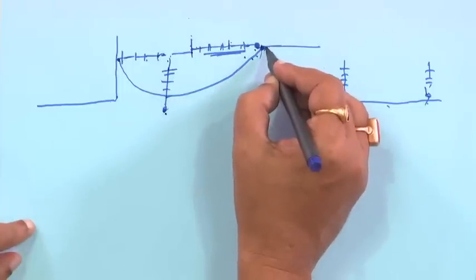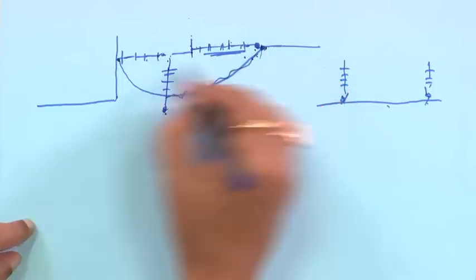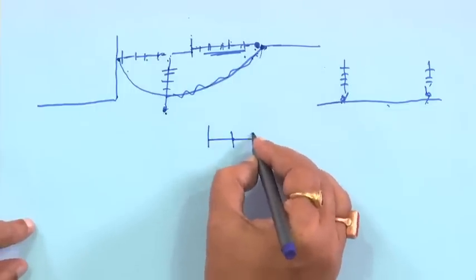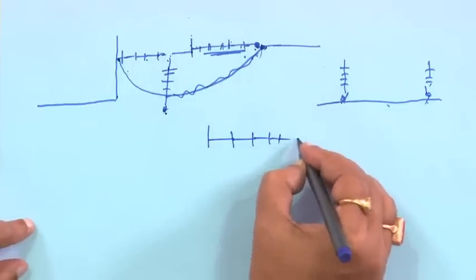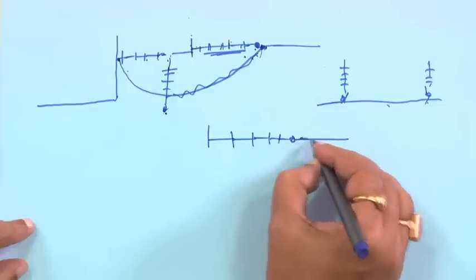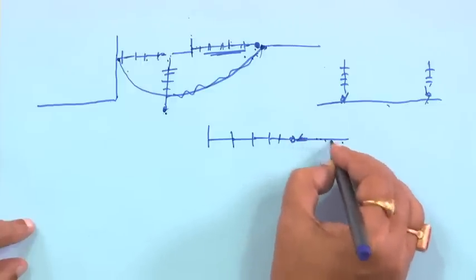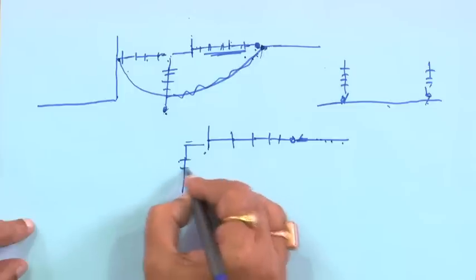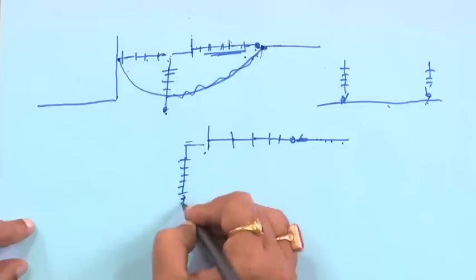So, if you join this conductor, I draw a separate figure. Suppose you have this insulator string in horizontal position, and this conductor is coming from somewhere. Say another cross arm from the same tower has a string insulator in vertical position, this is another one, right.